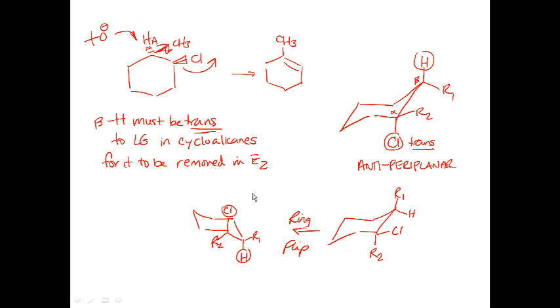If the H and the Cl are cis, and I'll draw that structure out here, if you have the H and the Cl cis, there's no way that this hydrogen and this chlorine can ever become anti.